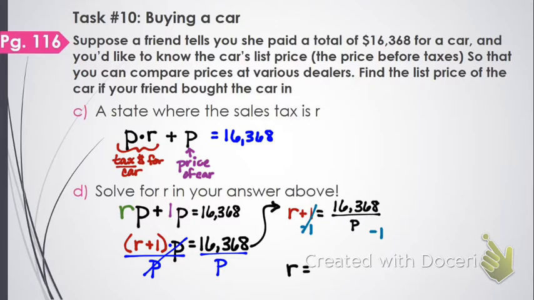Are the 1 and the fraction like terms? No, the 1 and the fraction are not like terms. So I would leave this as 16,368 over P, and then just tacked on the end, I'm going to have minus 1.